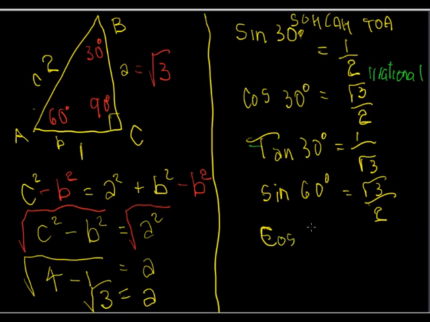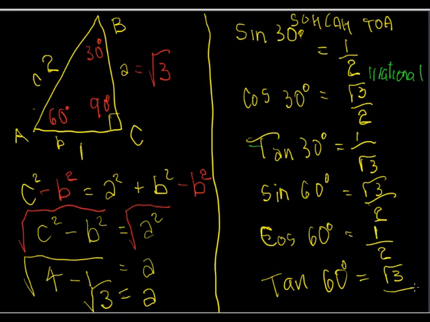Cos 60 degrees equals the adjacent over the hypotenuse, a half, and tan 60 degrees equals opposite over adjacent, root 3 over 1.